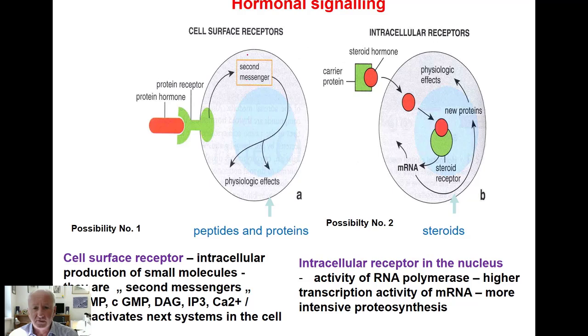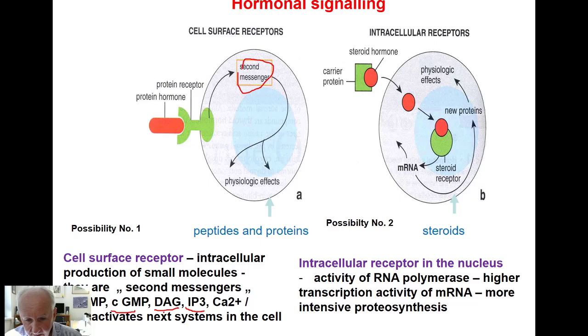The second messenger can be, for example, cyclic adenosine monophosphate, or cyclic guanosine monophosphate, or diacylglycerol, or inositol 3-phosphate, or calcium ions.